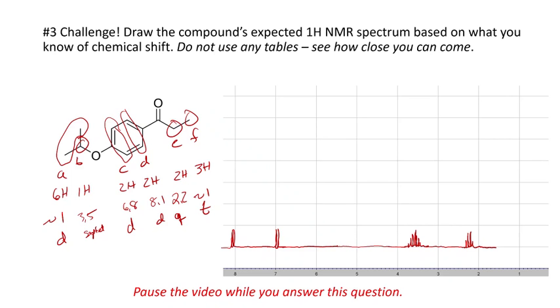I don't know. I guess I see the oxygen over there. Maybe that's going to be electron withdrawing or something. I'm just going to do it like this. Triplet. Okay. And the integrations of these are 2H, 2H, 1H, 2H, 6H, and 3H.